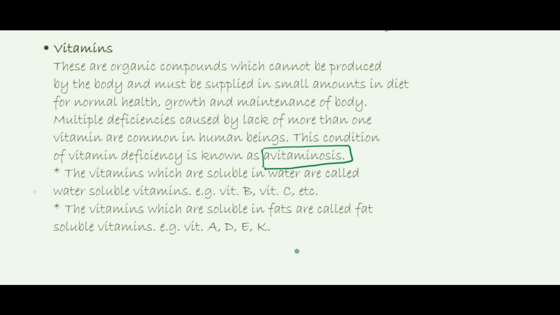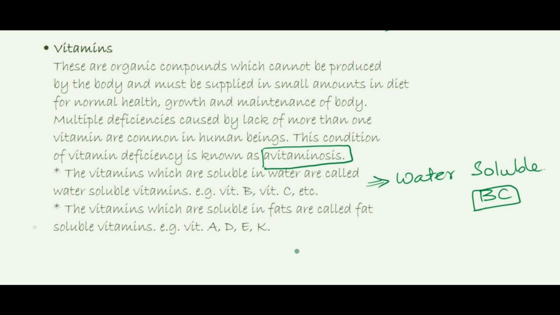There are two types of vitamins. One is water soluble. Water soluble vitamins are B and C. BC. You can remember it like water is a busy business. So B and C vitamins are water soluble.